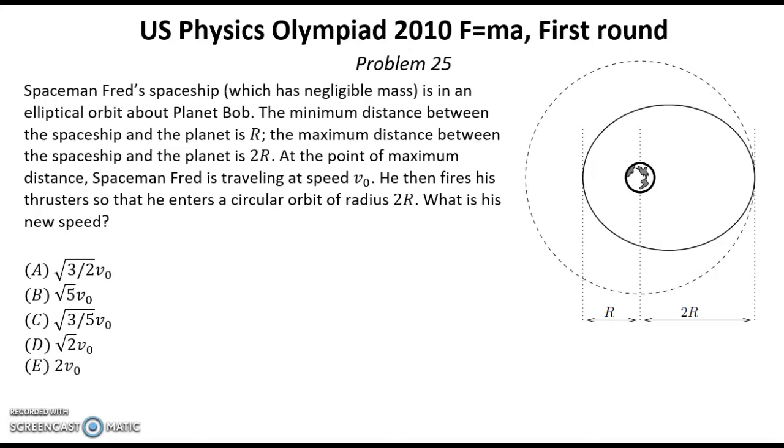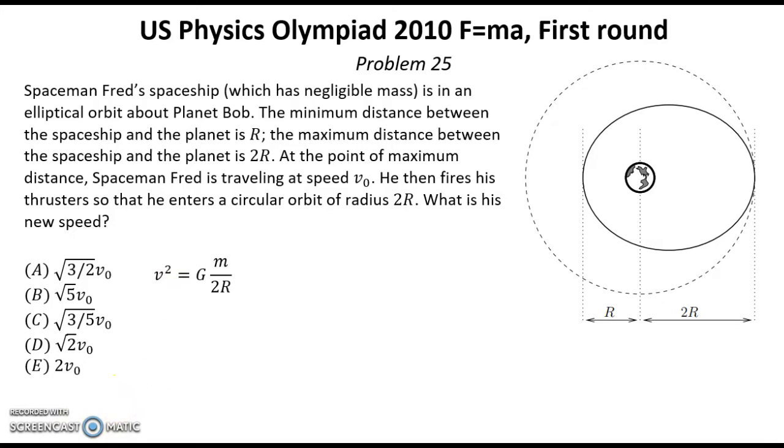Solution. Of course, we can solve this problem using regular energy conservation and angular momentum conservation. First we can find the speed for circular orbit of this spaceship. This is just a regular formula you can get from the equation that force of gravity equals centripetal force.